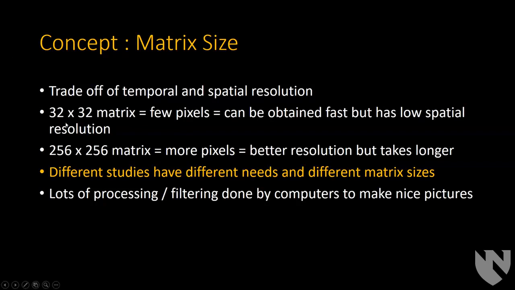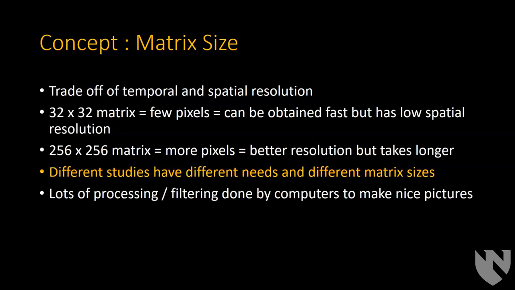So a 32 by 32 matrix, in order to fill that up and have enough counts, doesn't take you very long. However, that's going to have a lot lower resolution compared to a 256 by 256 matrix. If you want to have decent contrast on that, you're going to have to image for a longer period of time to fill up that matrix, or to get decent data that's not too noisy.